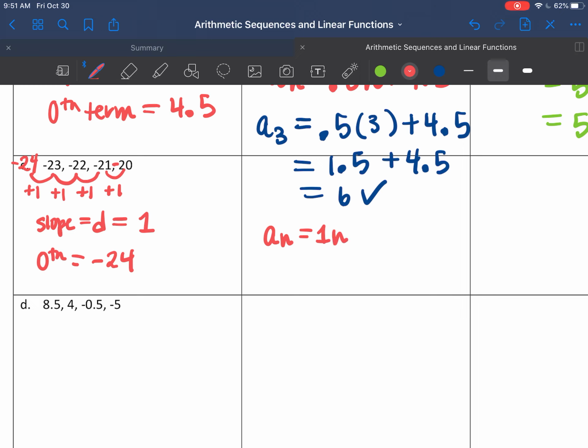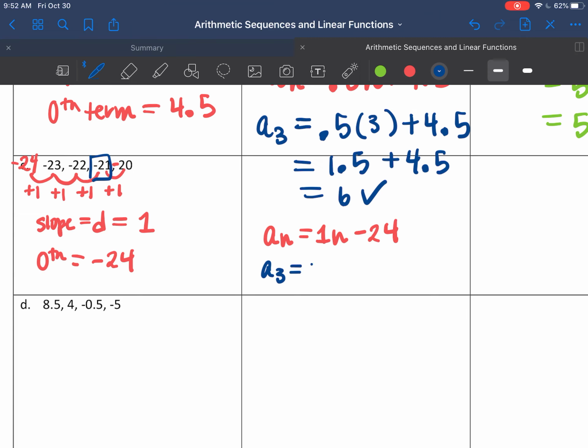And so a sub n equals 1n minus 24. Or you could also just say n minus 24. That's the same. So let's double check our third term.